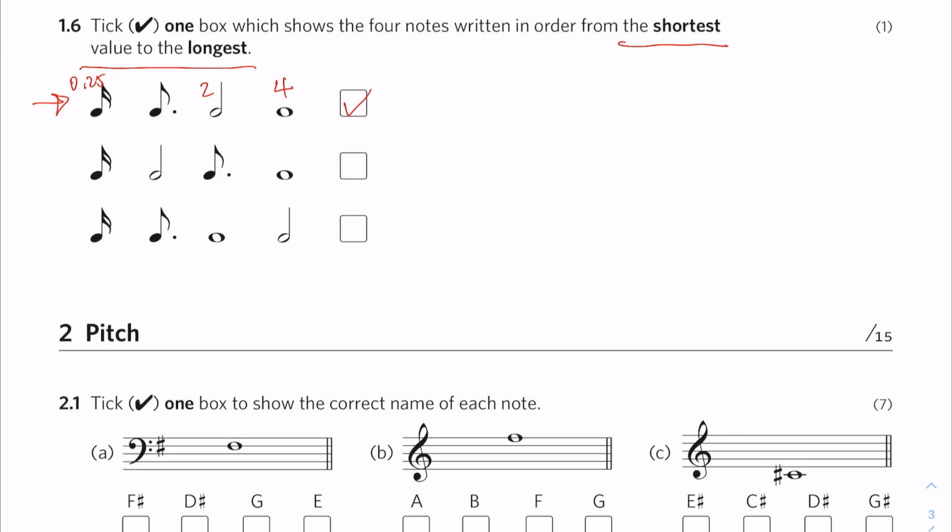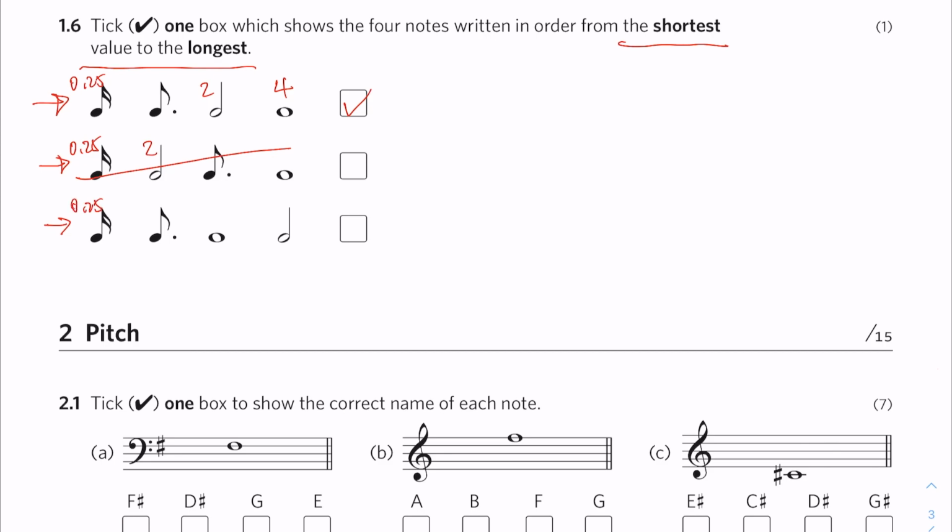Next, we have a semiquaver, which is 0.25. But then right away, it's followed by a minim, which is 2 beats. After the minim, we have a dotted quaver, which is a lot smaller than the minim, so this is not correct. The last one, we start with a semiquaver again.